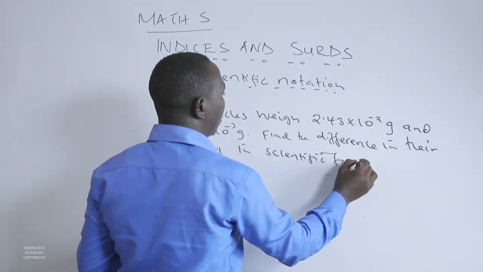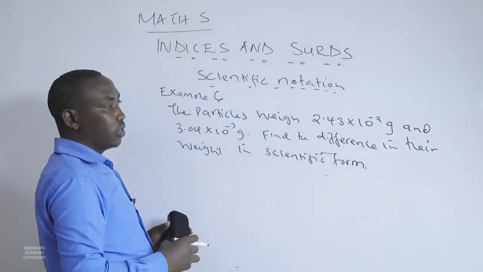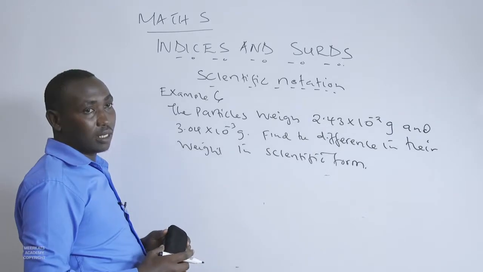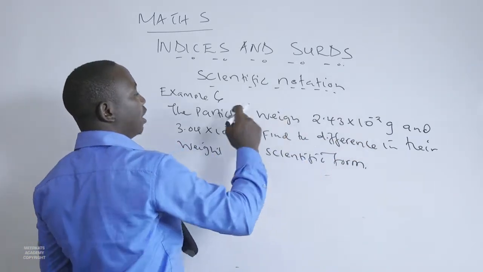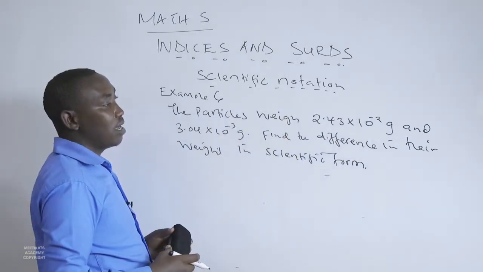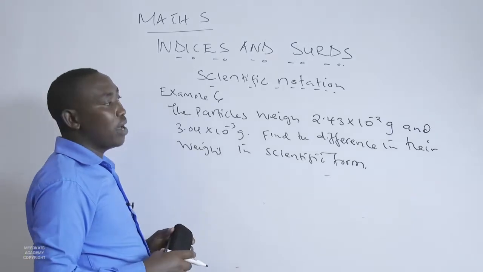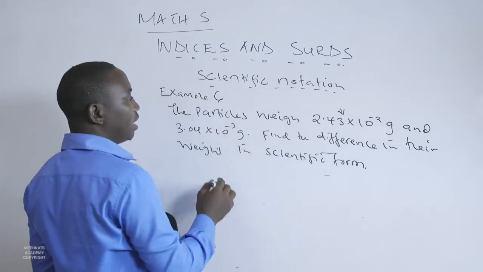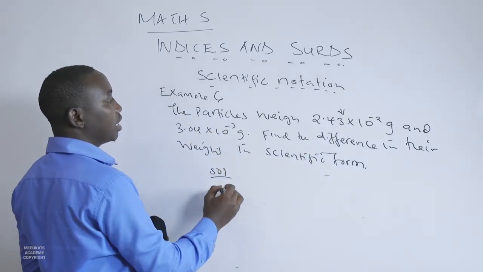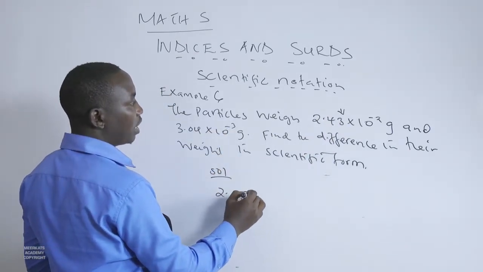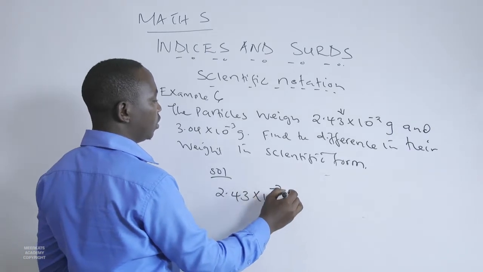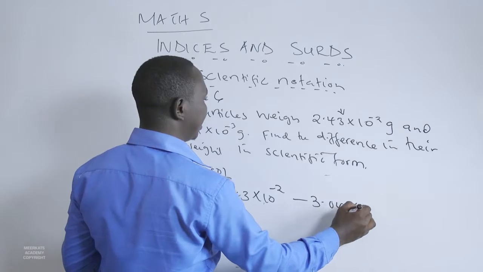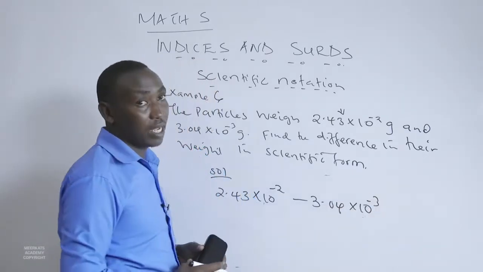So we need to find the difference between this and that, and the power will tell you which value is bigger. The smaller the negative power, the higher the value, and therefore this one is bigger than that one, and you're supposed to subtract 2.43 times 10 raised to negative 2, minus 3.04 times 10 raised to negative 3.